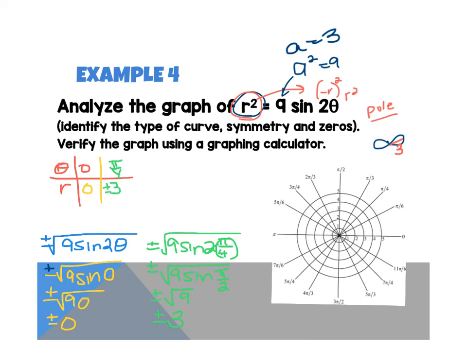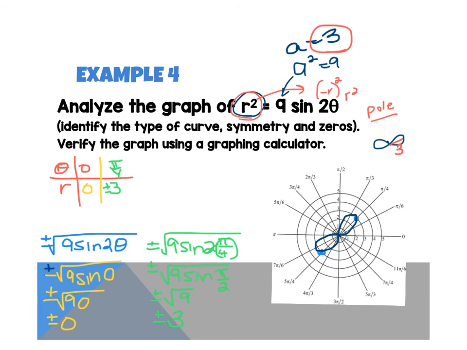So that means that there's a point at pi over 4, 3, and pi over 4, negative 3. 1, 2, 3. Because it's 3, and I know that the furthest point out is 3, I already know that my graph goes like that.